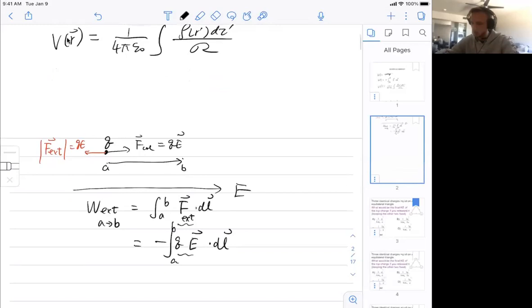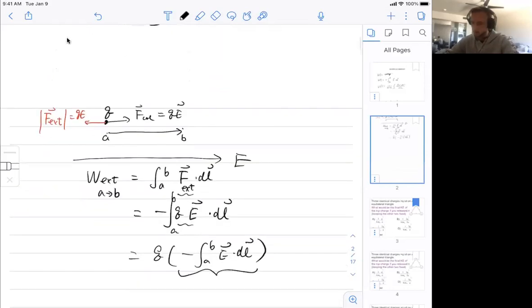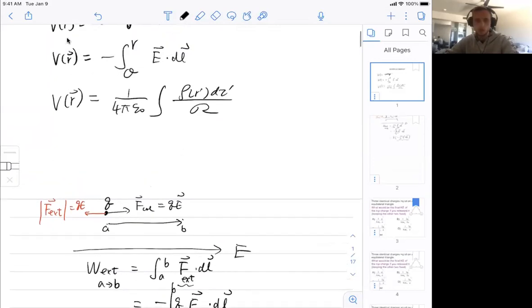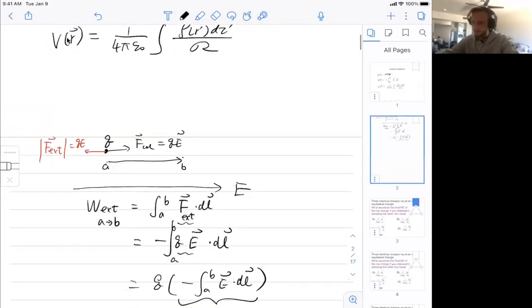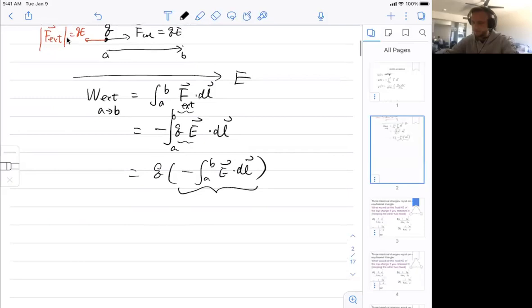Now by looking at this, you realize it's Q times negative integral from A to B of E dot dl. The latter, based on the definition, is the electric potential difference between point A and point B. So the work done by the external force is equal to Q times the potential difference, which is V at point B minus V at point A.